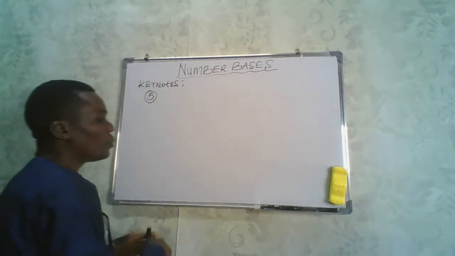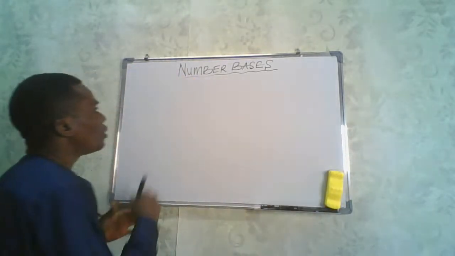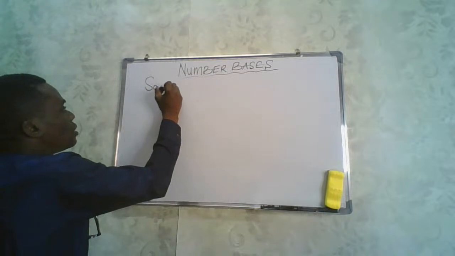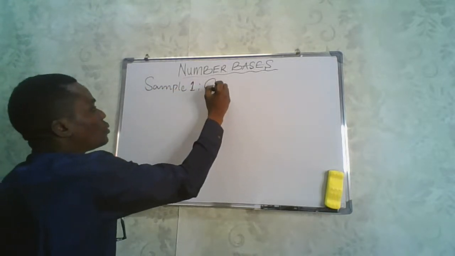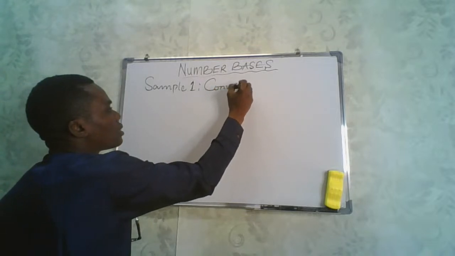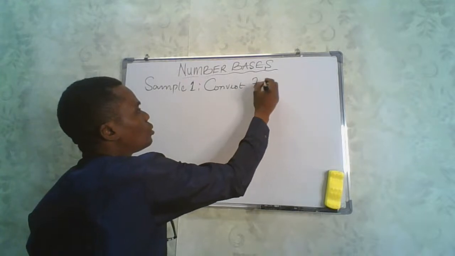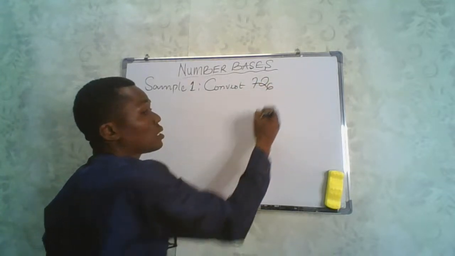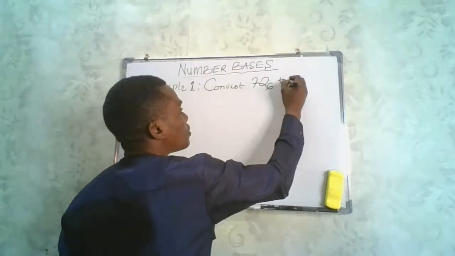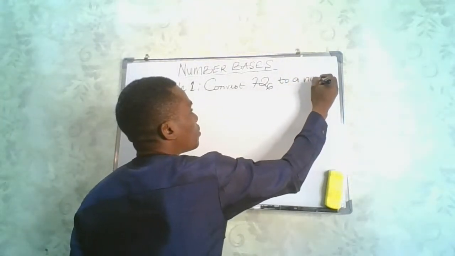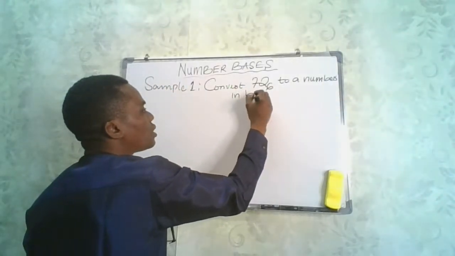Now, in this sample 1, we are asked to convert 72 in base 6 to a number in base 3.